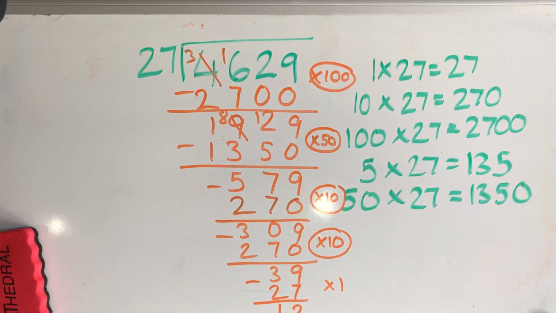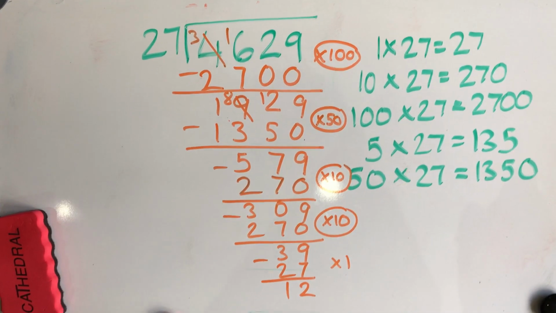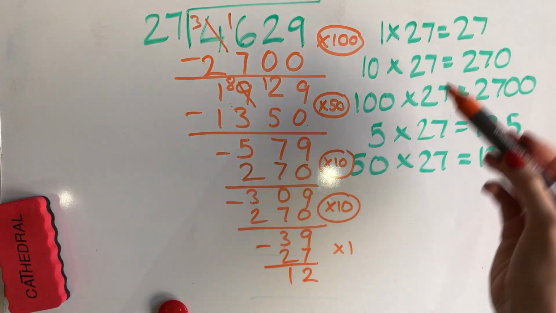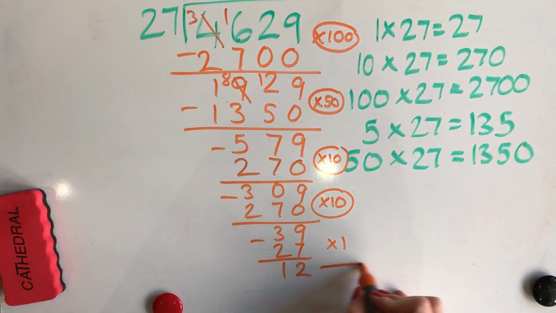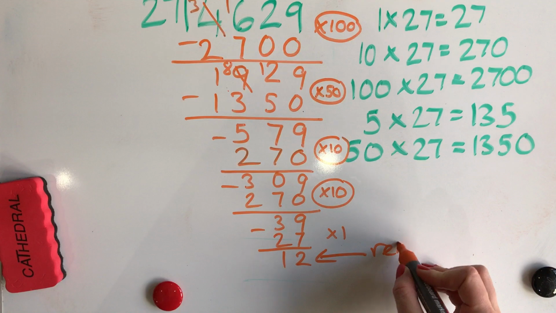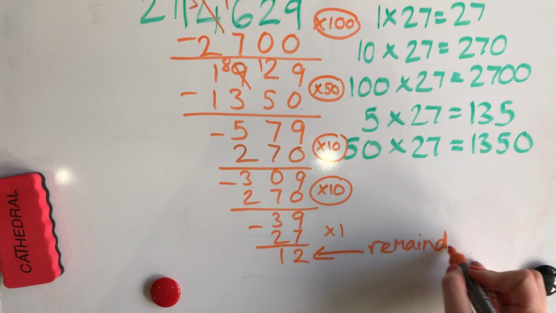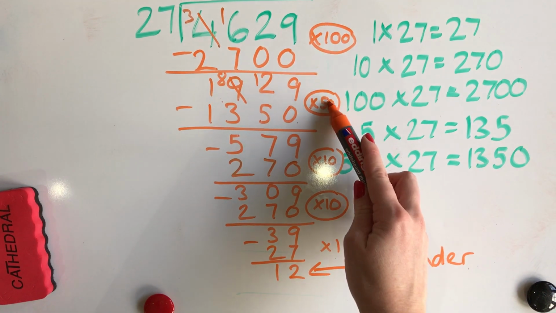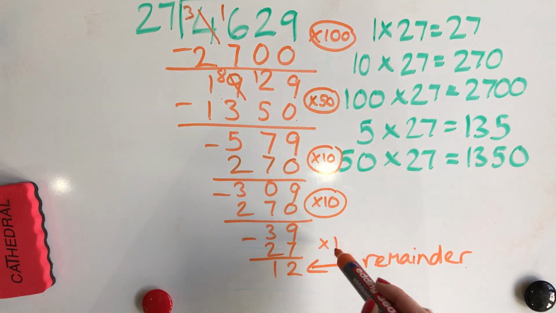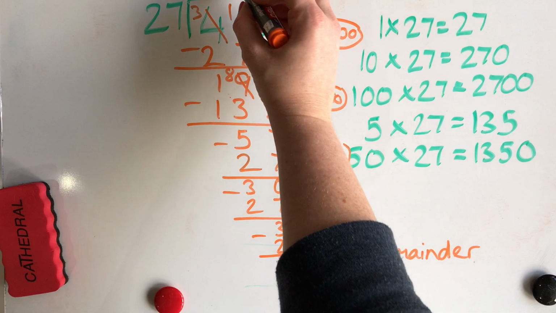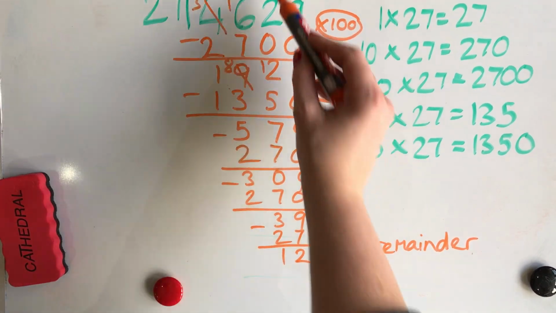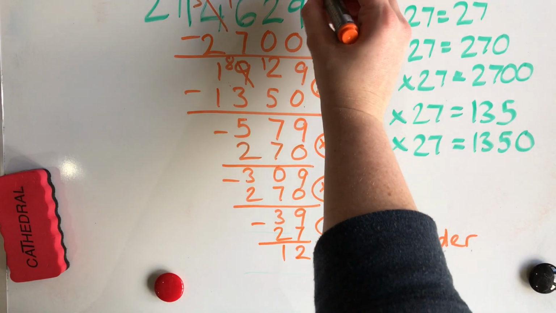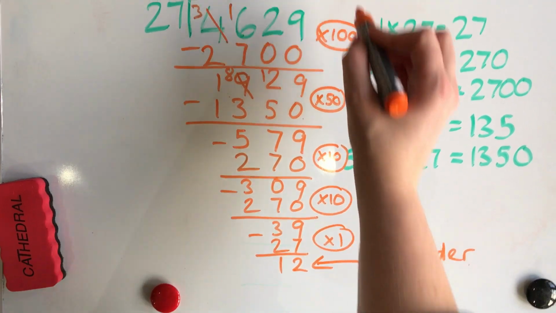So that would leave me with 12. Now I can't take out any more groups of 27, so this is my remainder. So my answer is going to be 150, 160, 171. I can take out 171 groups of 27, and there will be a remainder of 12.